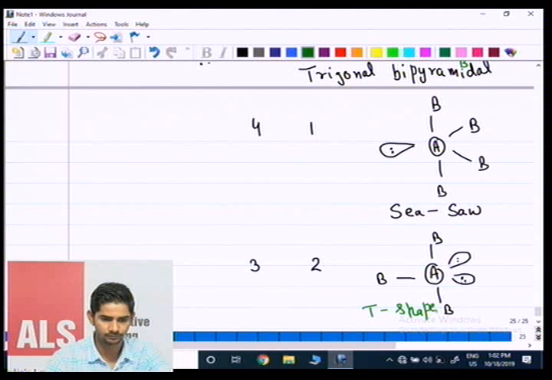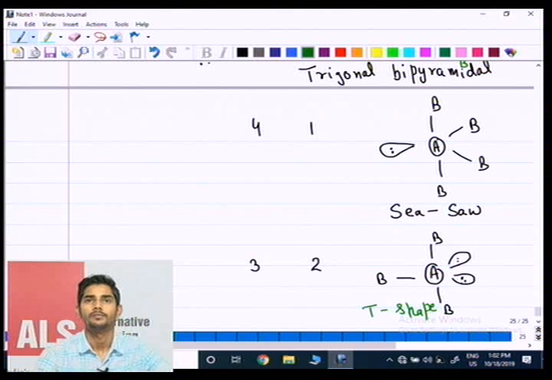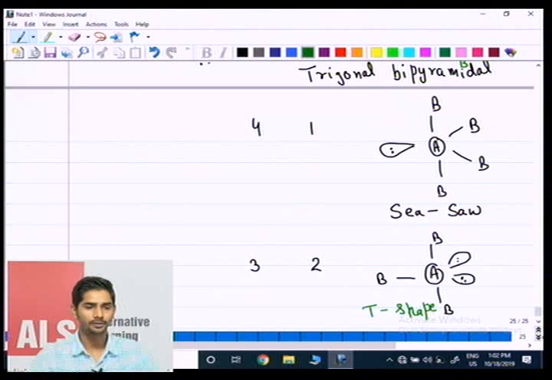T shape. Copy and confirm once after copying that.